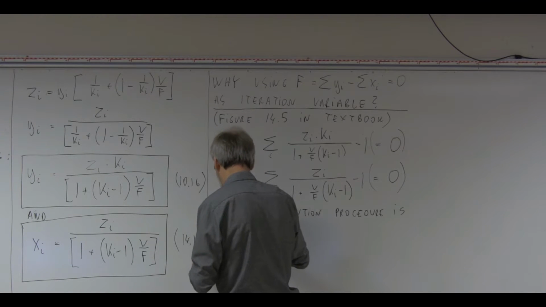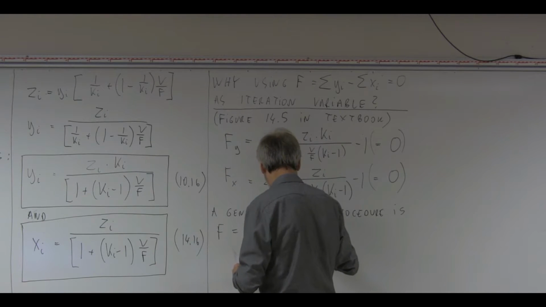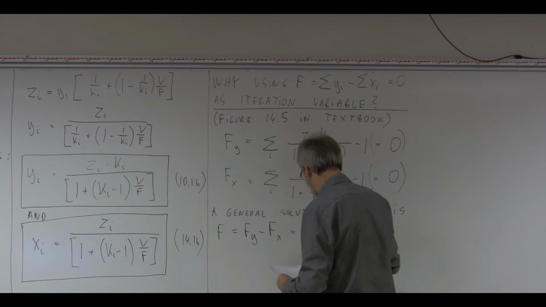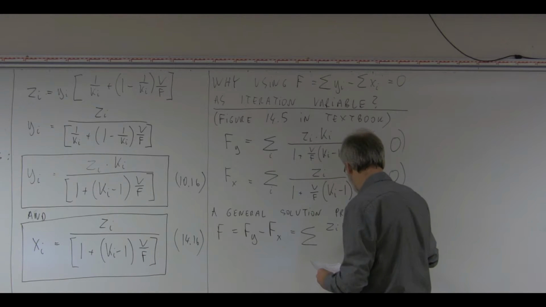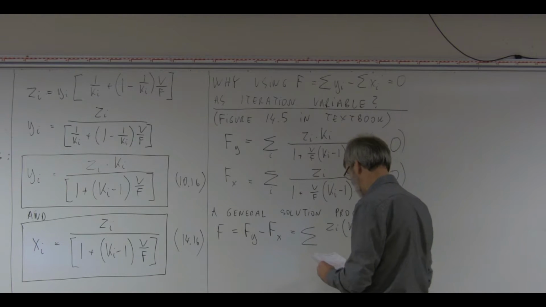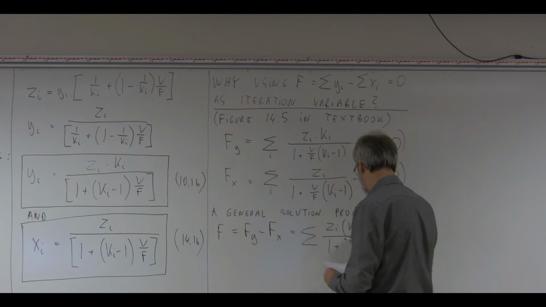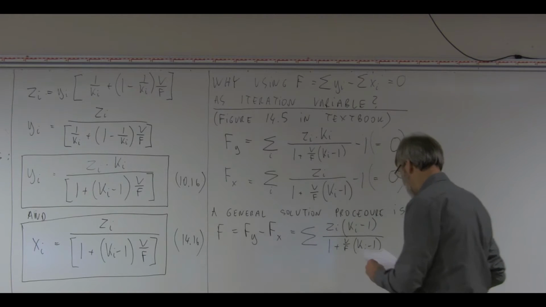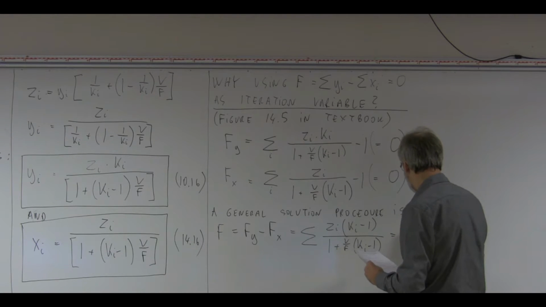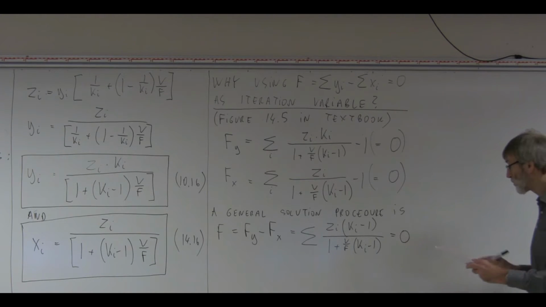is that F is Fy minus Fx, or the sum of z i, K i minus 1 over 1 plus V over F, K i minus 1, should be equal to 0.